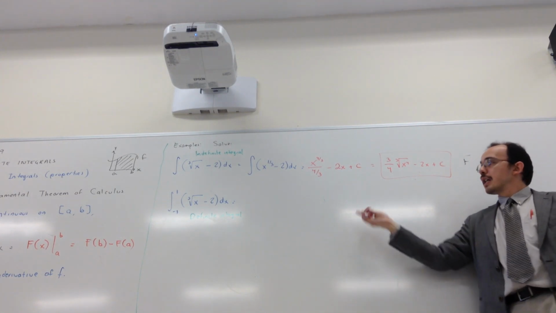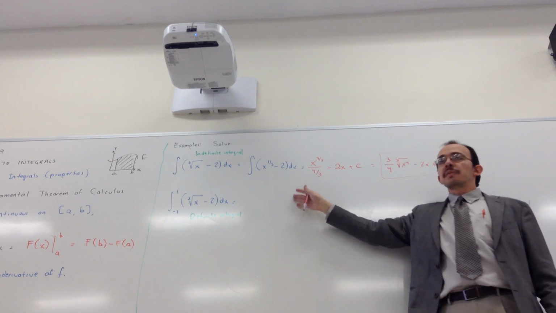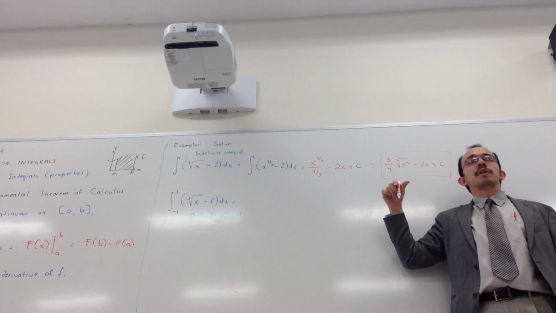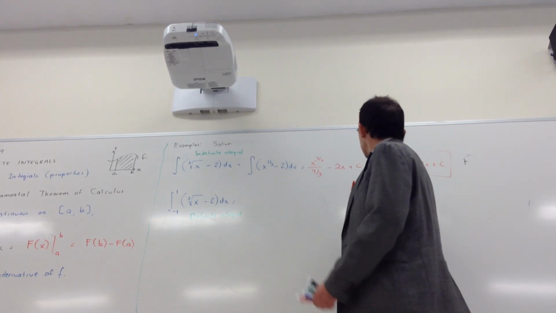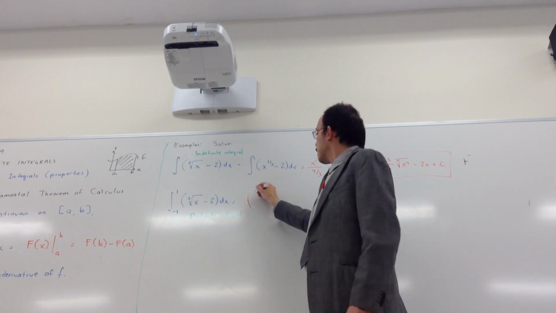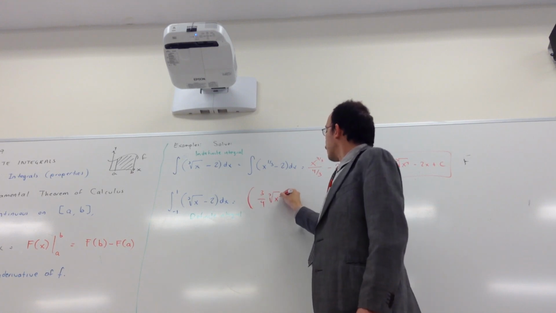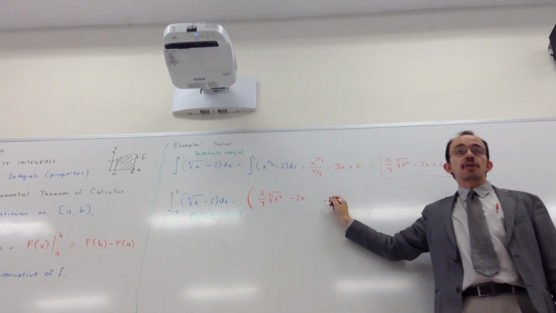plus c. In the second one, what are we going to do? We're going to solve it the same way, but the answer is going to be different. It's going to be a number now. So here, you rewrite that, and the answer is going to be the same: 3/4 cubic root of x to the 4th power minus 2x, but you don't put the plus c anymore.